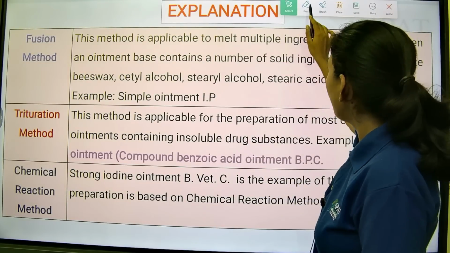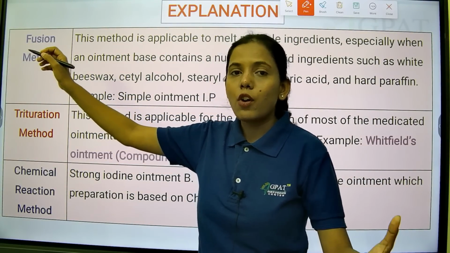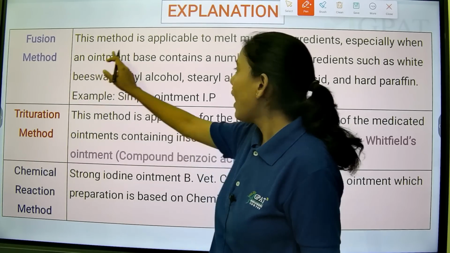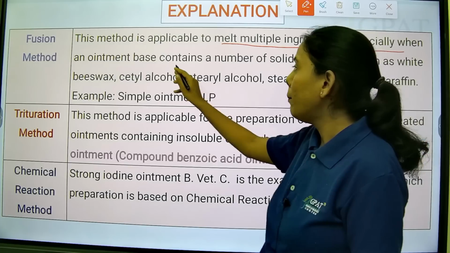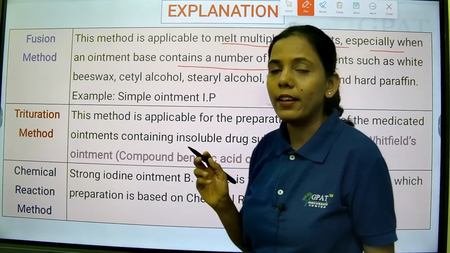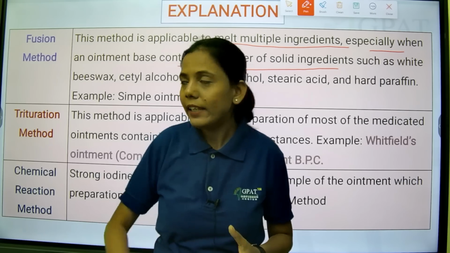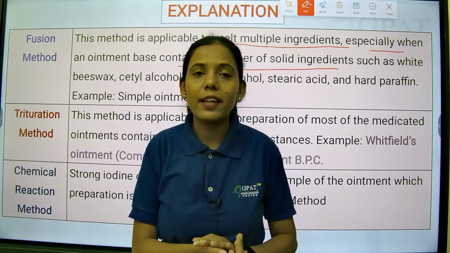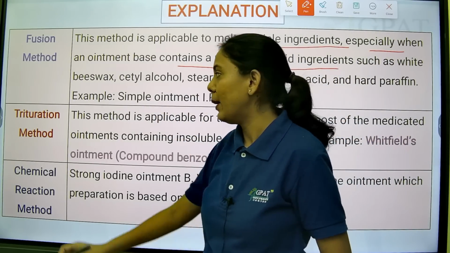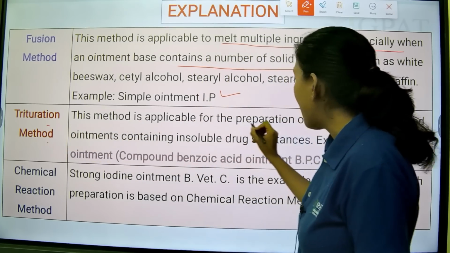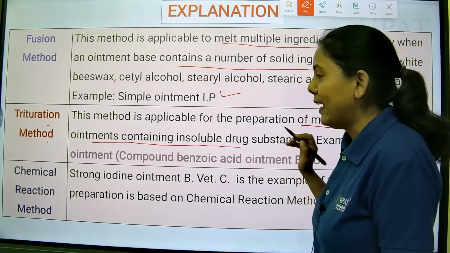So we'll see the different methods. In the fusion method, different molecules or excipients are mixed together and melted, especially when the ointment base contains a number of solid ingredients. If we are melting the ointment base, that comes under the fusion method. The example is simple ointment IP. The trituration method is applicable for most medicated ointments containing insoluble drugs.